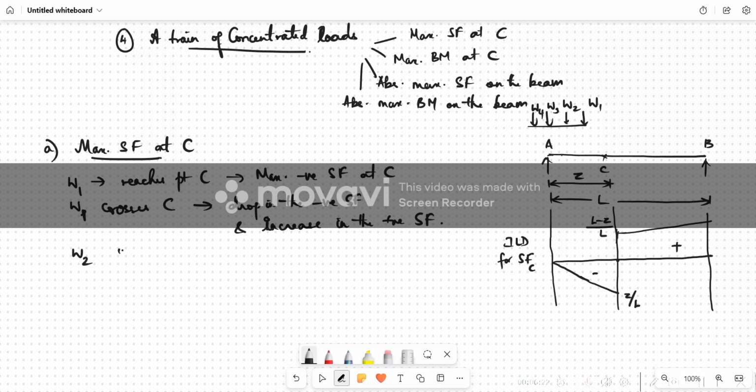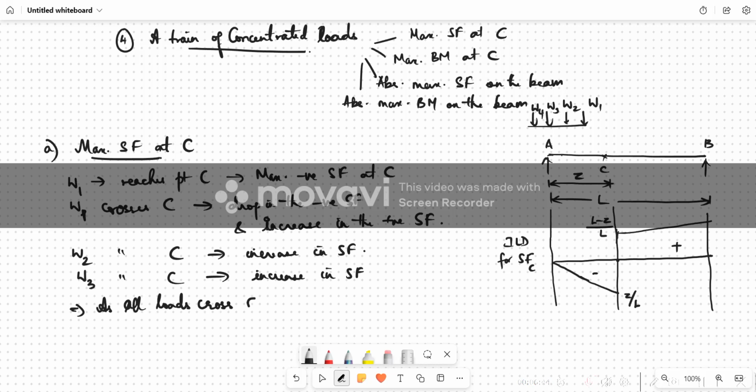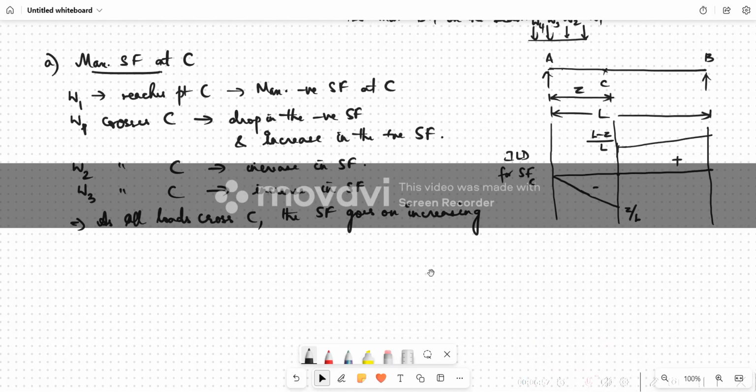Then as W2 crosses C, there is a further increase in shear force. As W3 crosses C, again there is more increase in shear force. So it means that as all loads cross C, the shear force goes on increasing. That is what we understand, hence the diagram which we have sketched here. I hope that's clear.